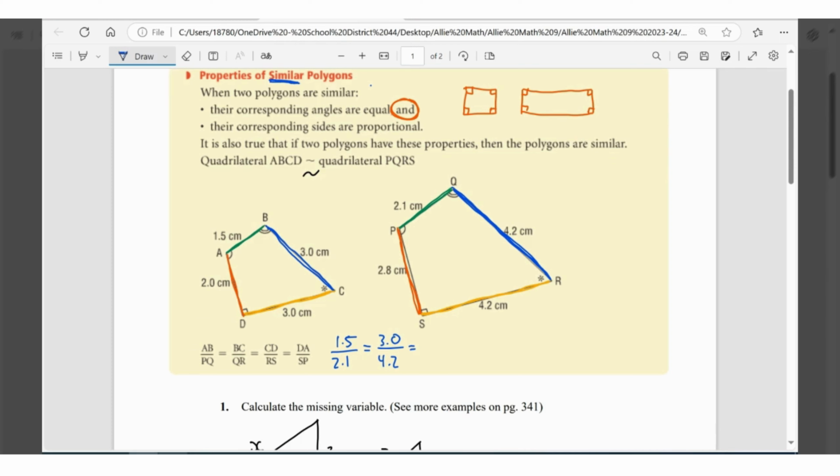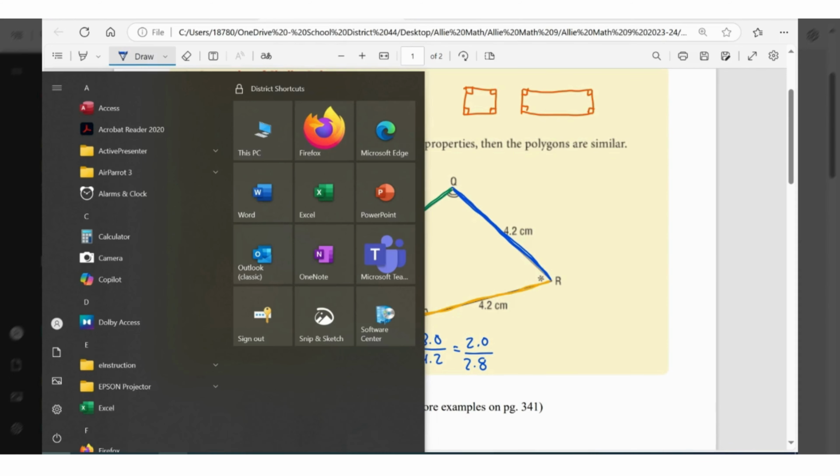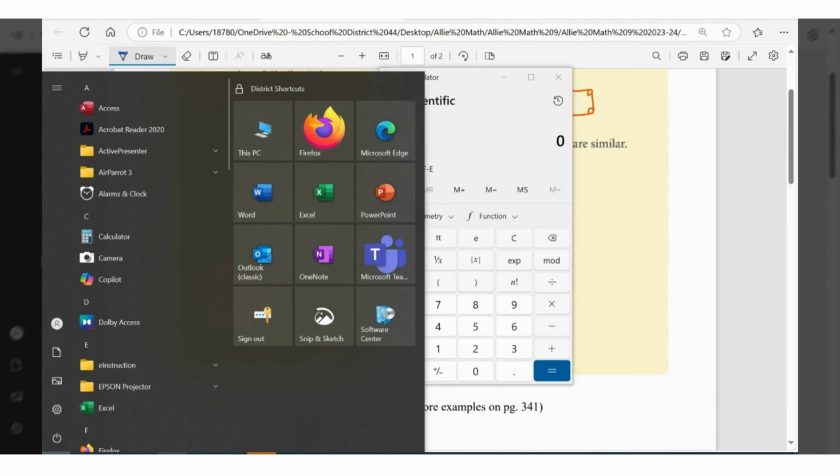And should be equal to CD, which is 3.0 again, over 4.2 again, and should be equal to 2.0, that's DA, over SP 2.8. And if we put each of these in our calculator, we should get the same decimal.